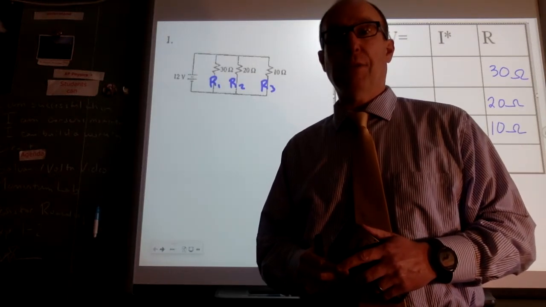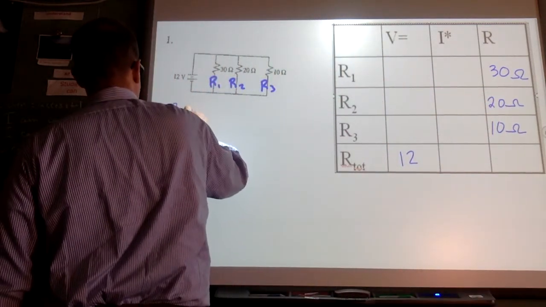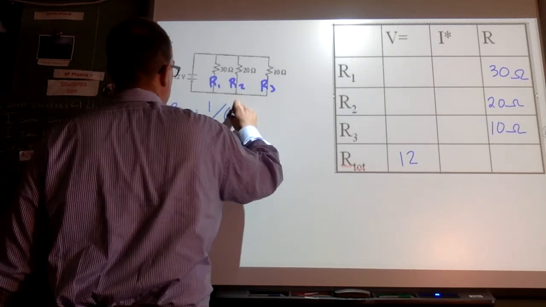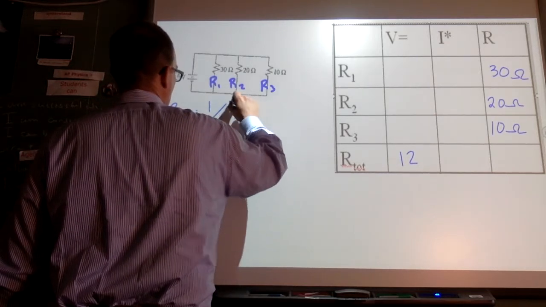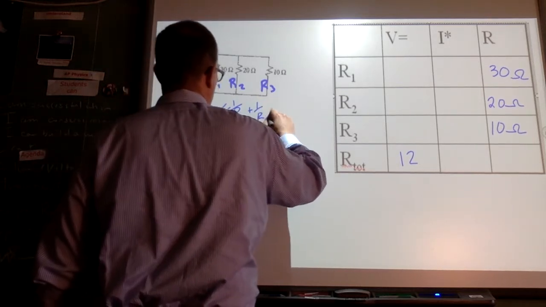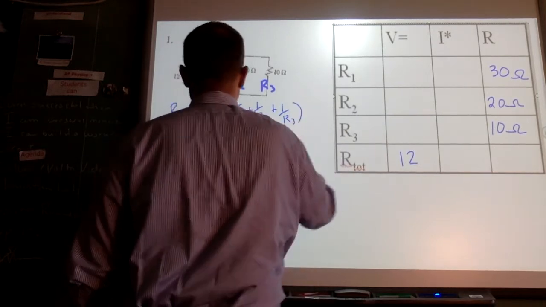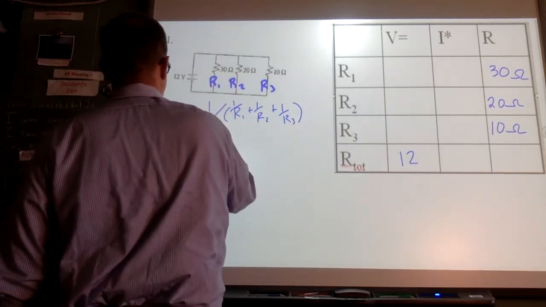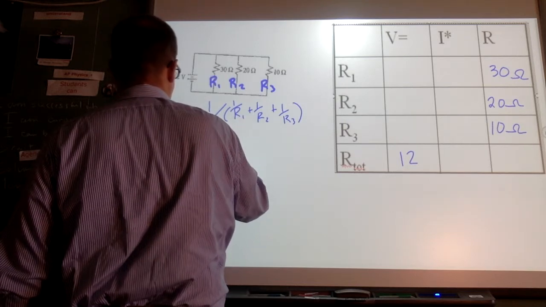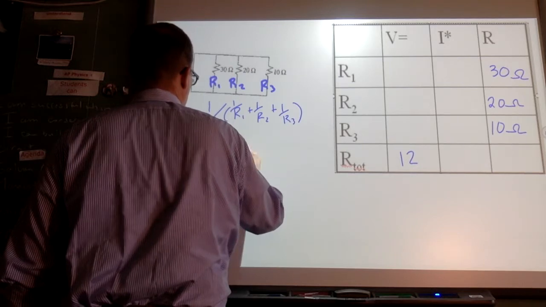The path splits, so I can do that. My R total is 1 divided by 1 over R1 plus 1 over R2 plus 1 over R3. So this is going to be 1 over 30 ohms plus 1 over 20 ohms plus 1 over 10 ohms.